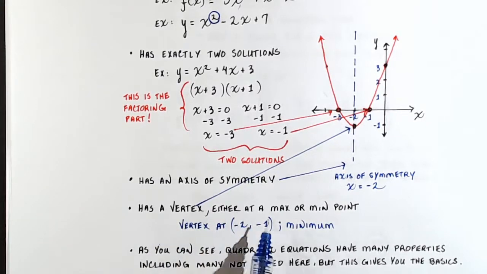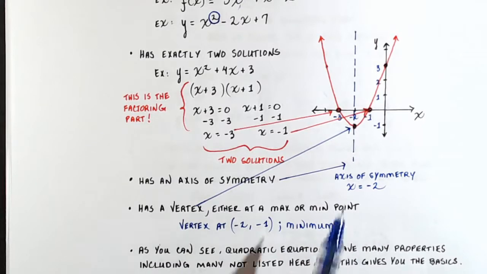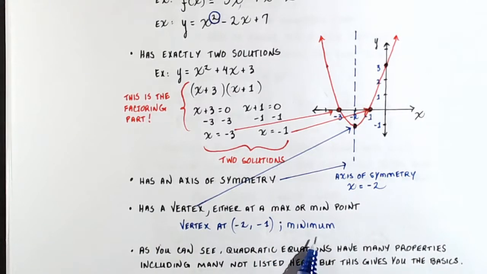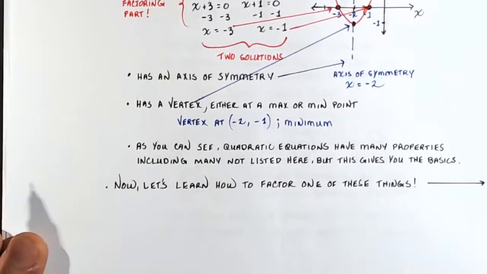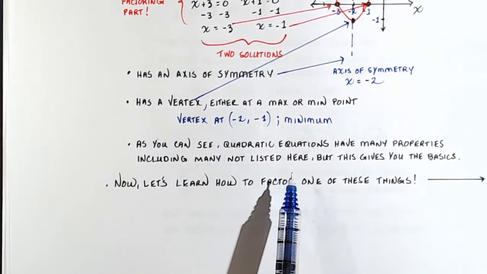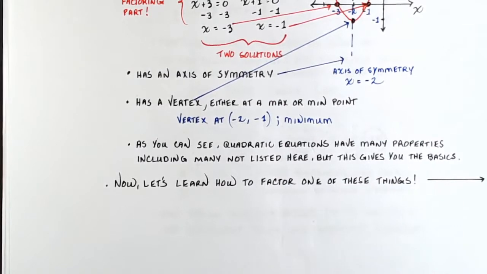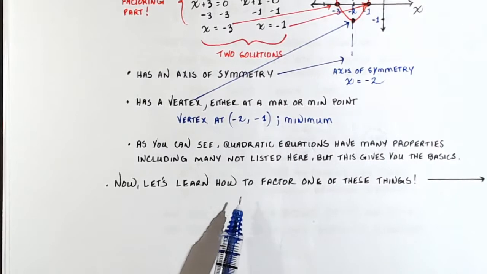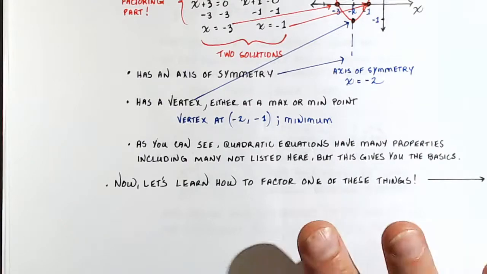That vertex will either represent a maximum or a minimum point. So you see in our example here, we have a vertex at -2, -1, and that represents a minimum. Okay? As you can see, quadratic equations have many properties, including many not listed here, but this gives you some of the basics. Now, let's learn how to factor one of these things.